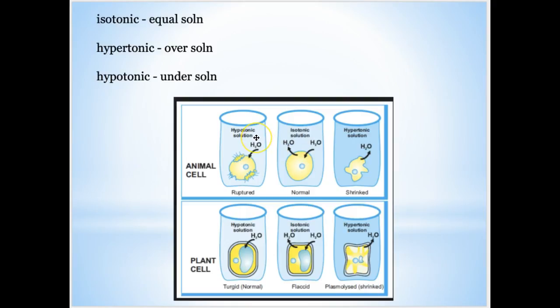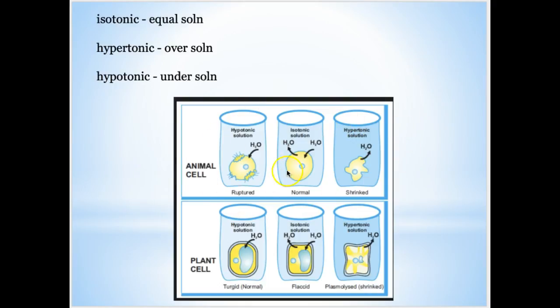If I have too much actual water in a solution, so it's hypotonic, then the cell takes in too much water because it's going from lesser to greater concentration. An example of a hypertonic solution is something like seawater that has a greater amount of salt in it.